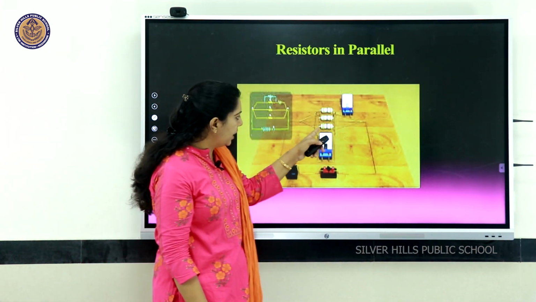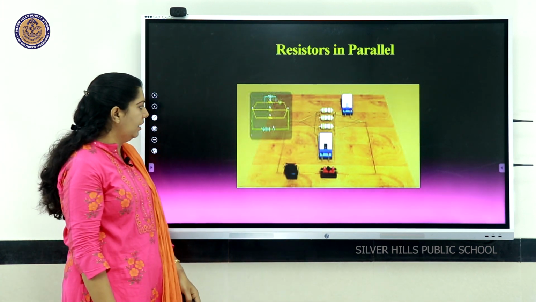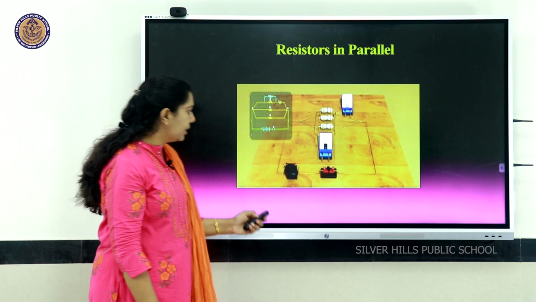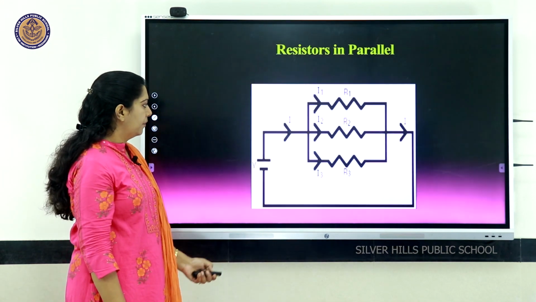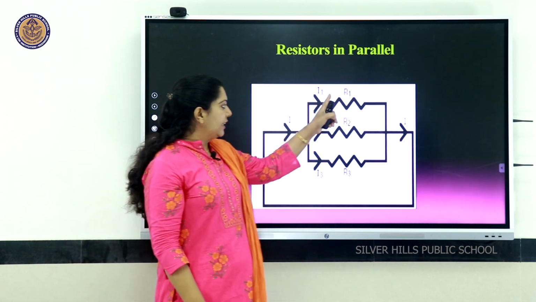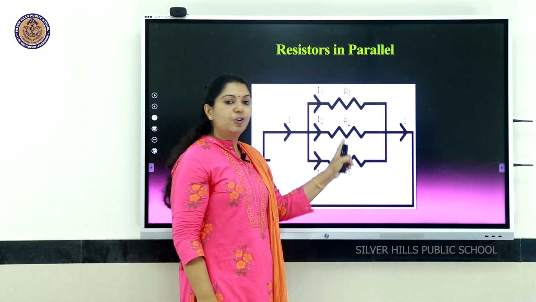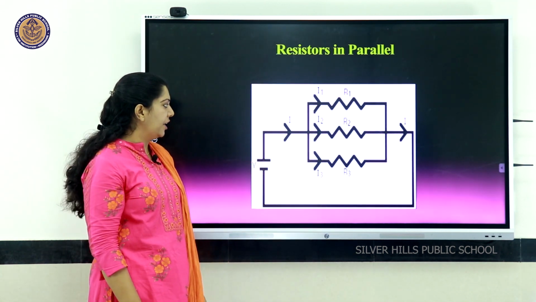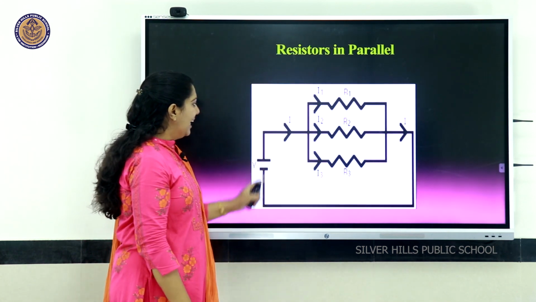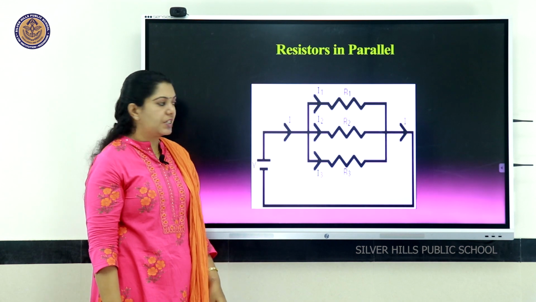Here you can see three resistors are connected in parallel, which is connected to a battery, key, ammeter, etc. This is a circuit diagram. Consider three resistors R1, R2 and R3 connected in parallel to a cell. Let I be the current flowing through the circuit.